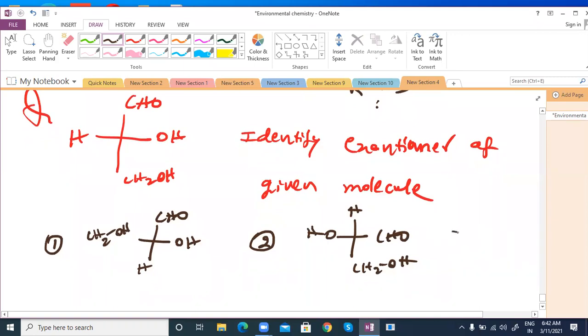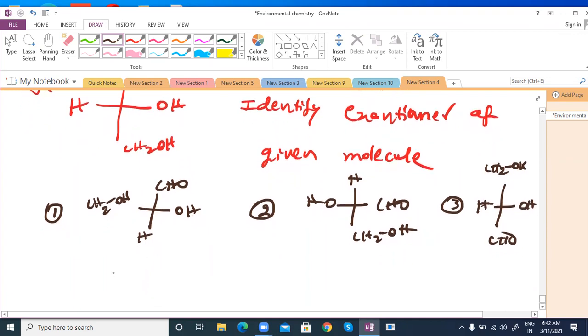Then option 3, CHO, CH2OH, H, OH. Next one, the fourth one. It may be multi-correct. I am giving just a model of the question. It may be multi-correct.